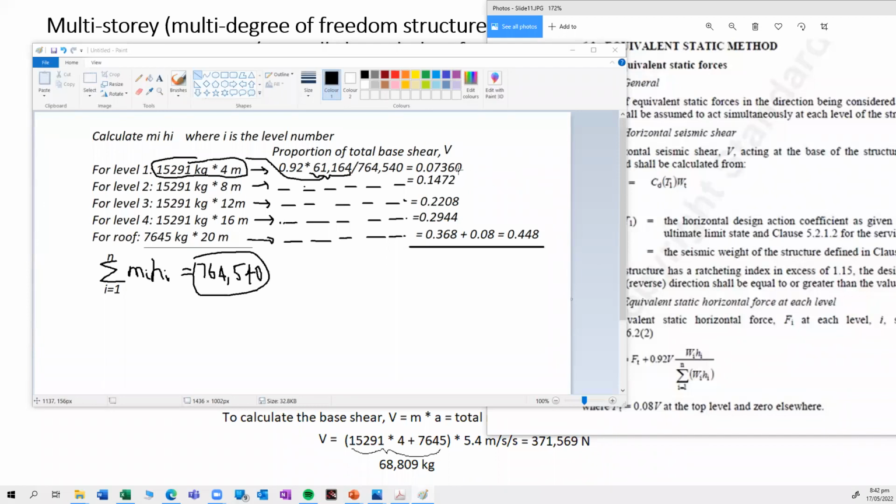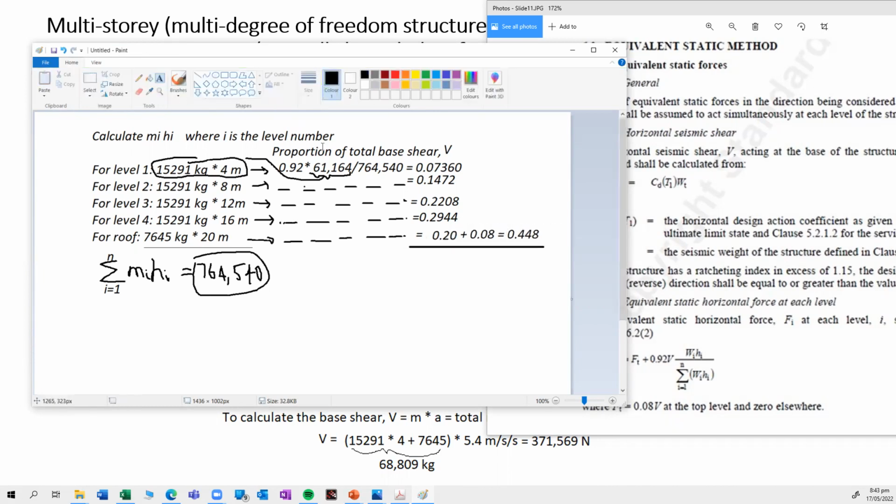Okay, guys, so you can see how I've calculated the first 4 levels. I made a mistake there because this is a smaller mass, so I'll just correct that. Okay, so this is 0.2 here.